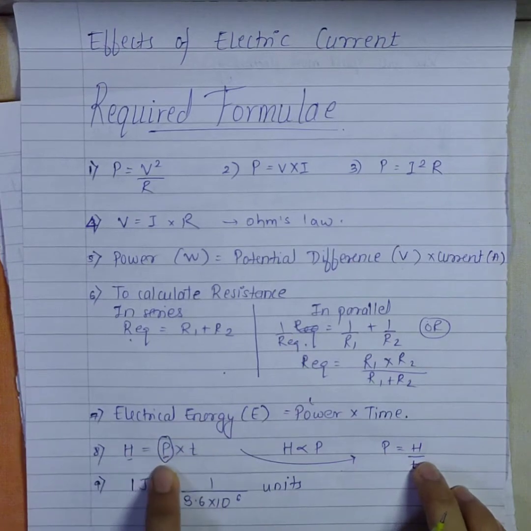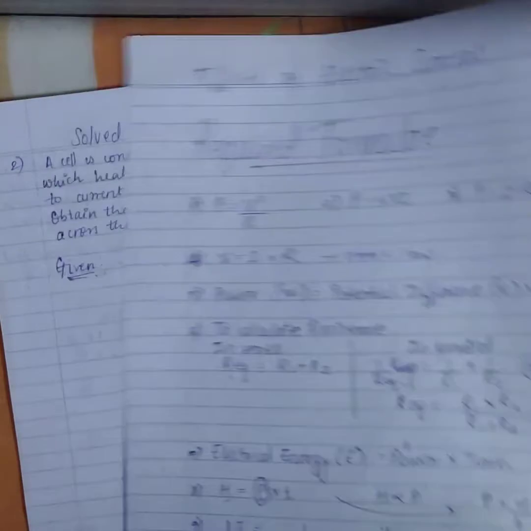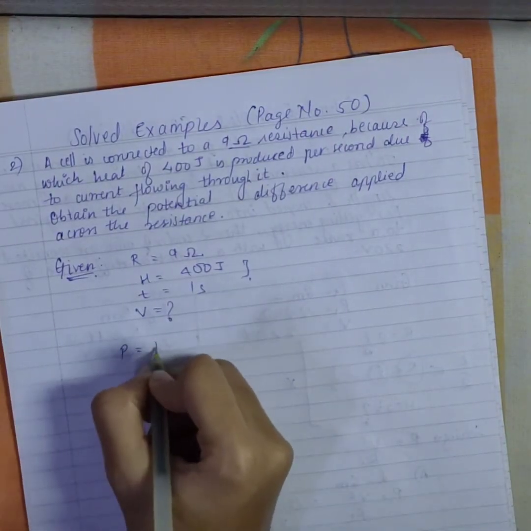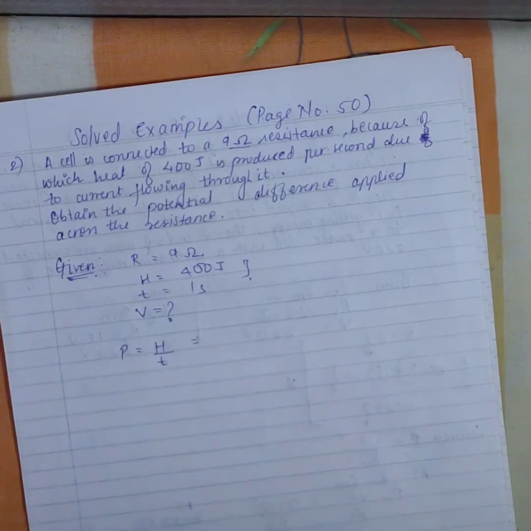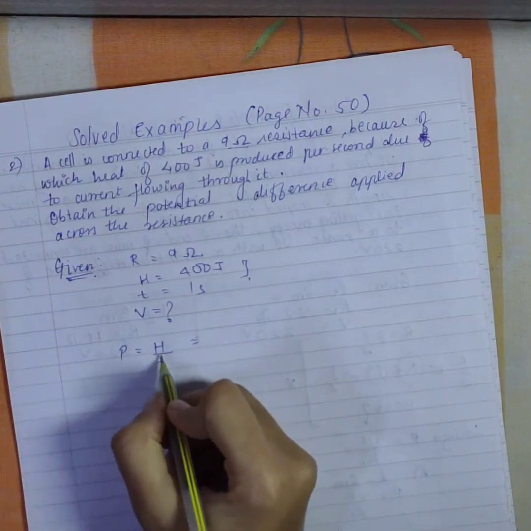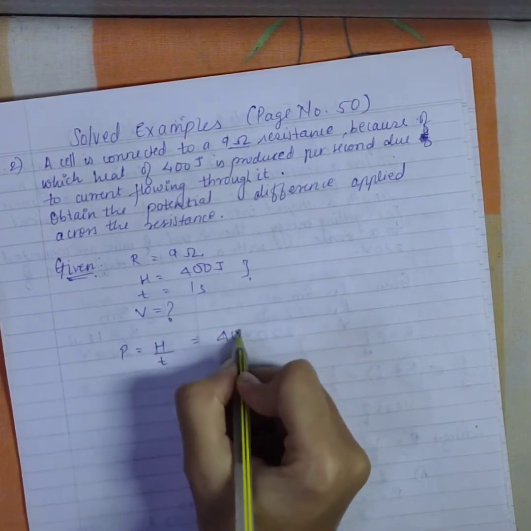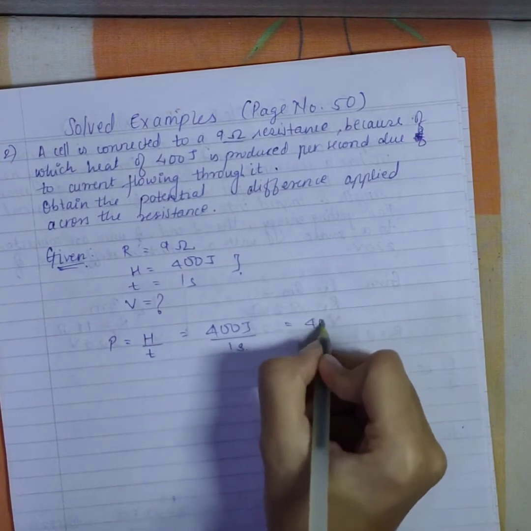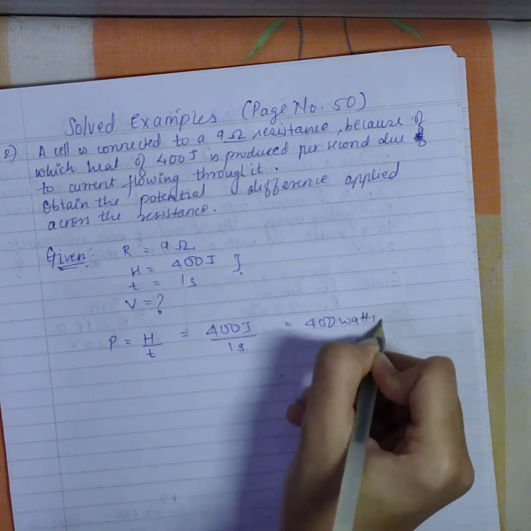Because using the heat and time, we can calculate power. So same formula I'm going to use here. So power is equal to H by T, means 400 joules upon time is equal to 1 second. So that is 400 watts.